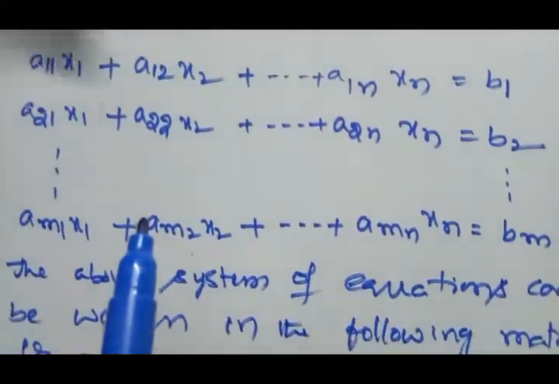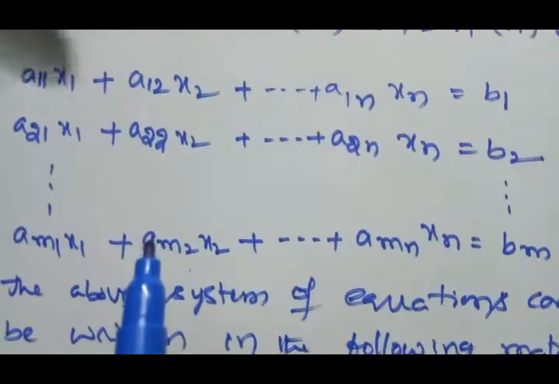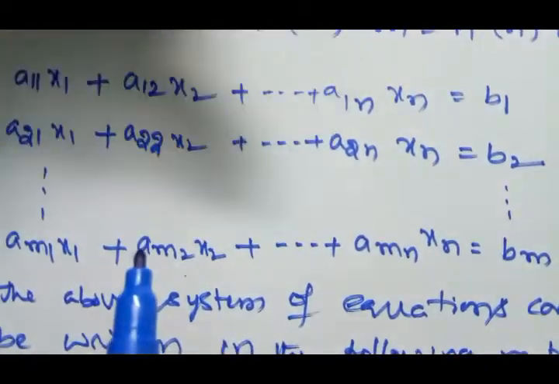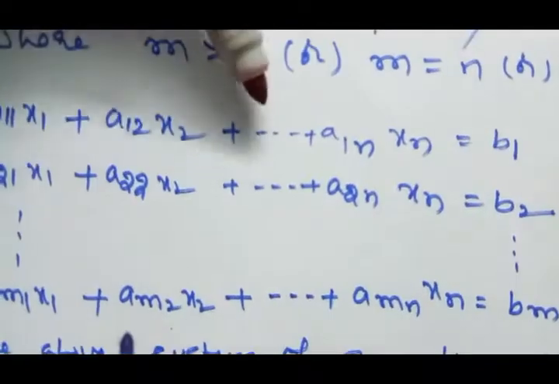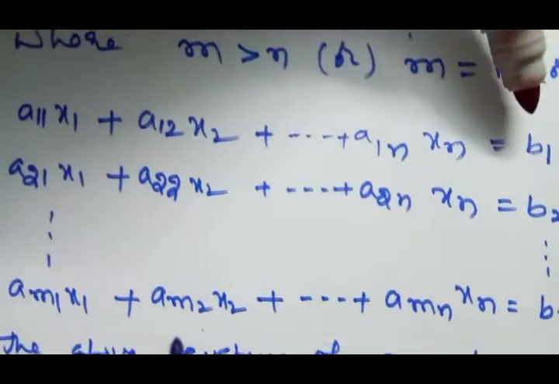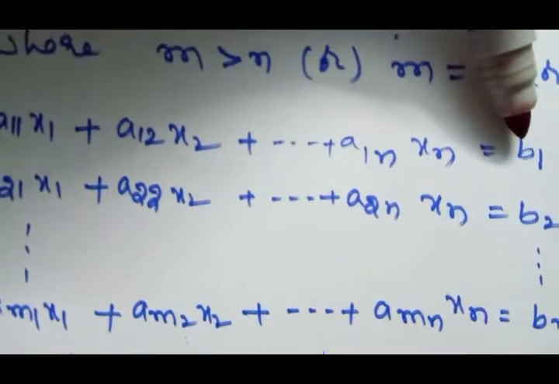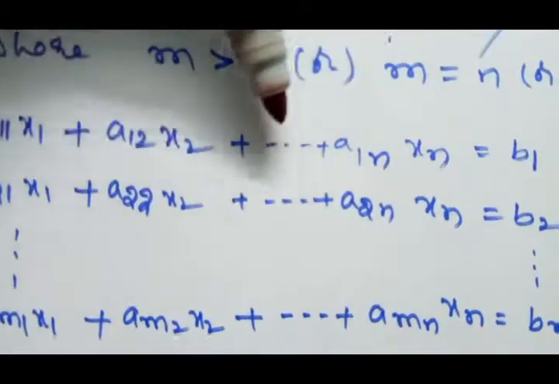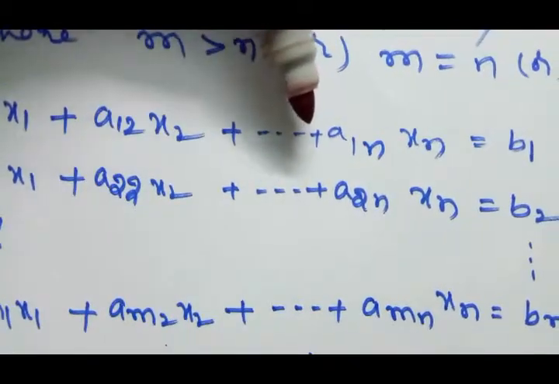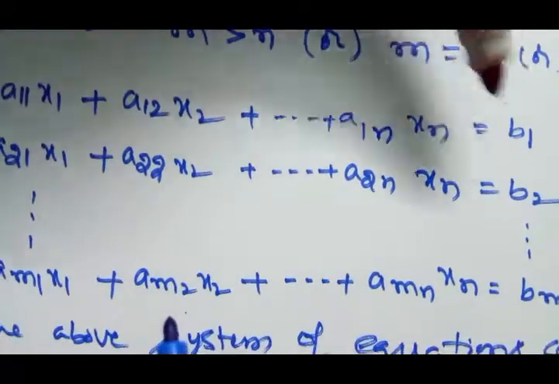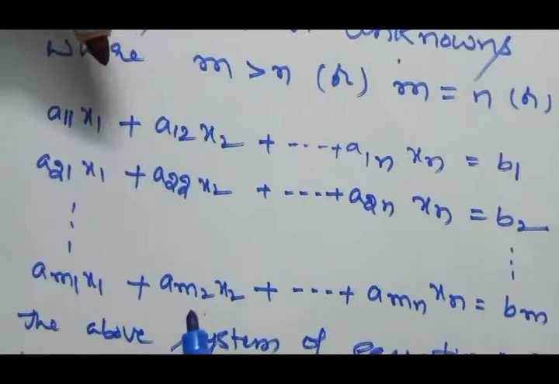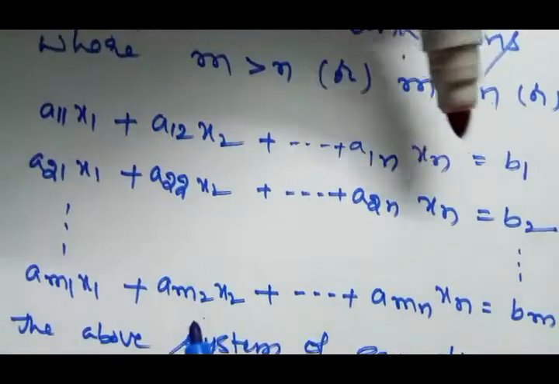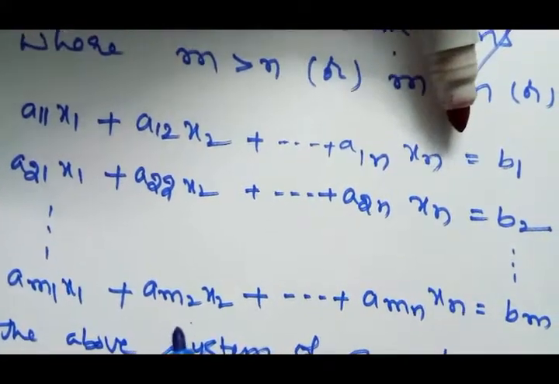Satisfying means if we substitute the values of x1, x2 and so on, xn in this equation, the value in the left hand side must be equal to the value in the right hand side. Then we can say that the system of equations is satisfied by these values, therefore these values are solutions of this equation.